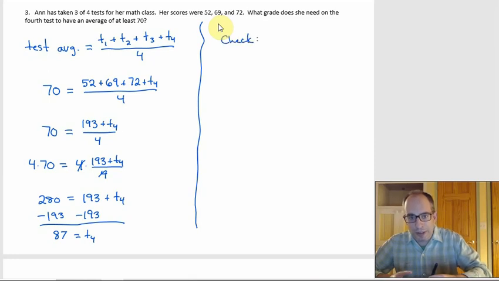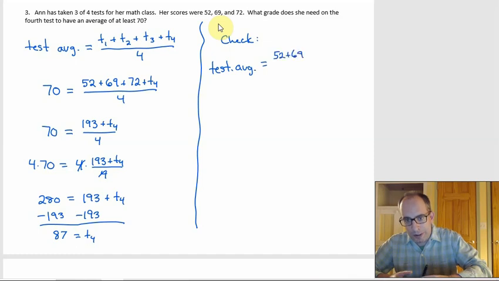So the test average should be then 52 plus 69 plus 72 plus 87 over 4. And let's see, I'm just kind of winging this in my head.